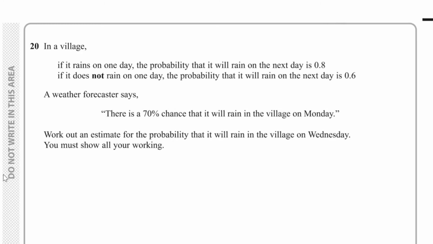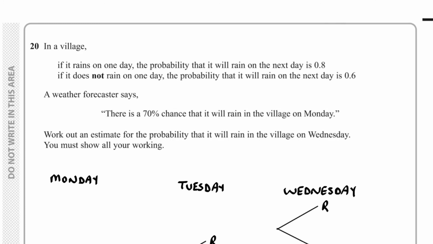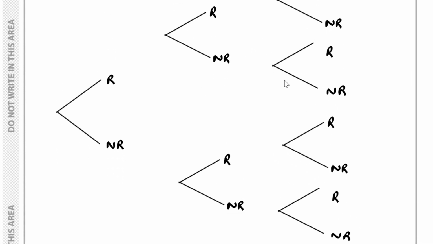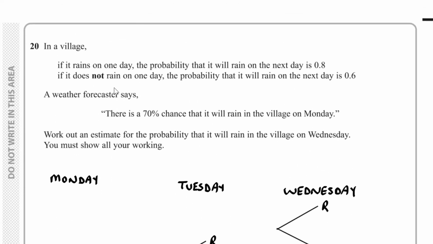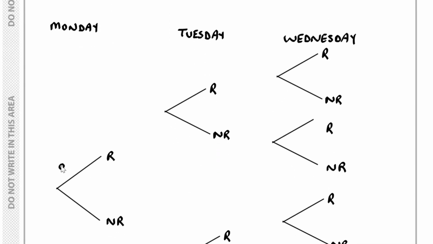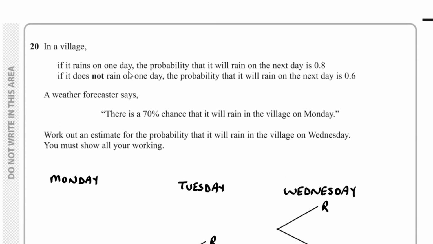The best way to do this question is to consider a tree diagram. And that's what I've drawn over here. We've got Monday, Tuesday and Wednesday. Now let's fill in what we know. The probability that it will rain on Monday is 70%, which is the same as 0.7. So does not rain, that's 0.3. Now let's consider the next day.